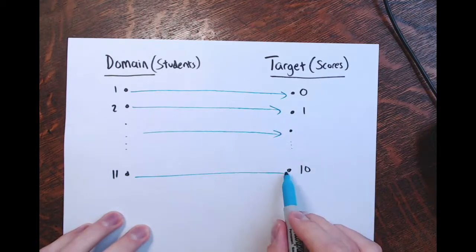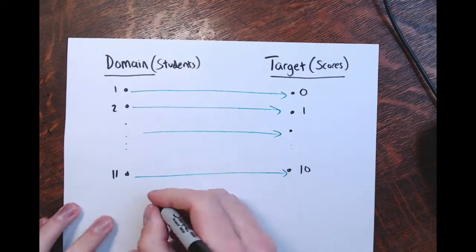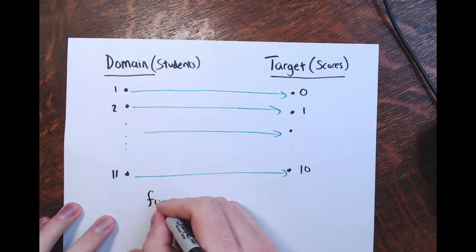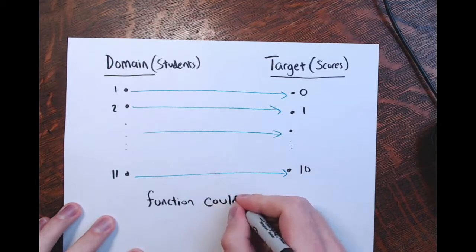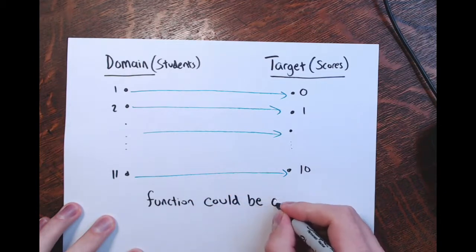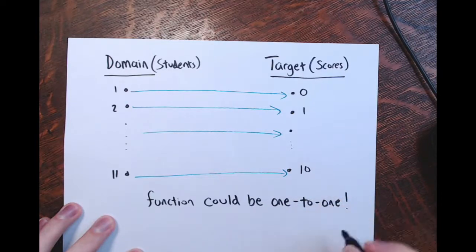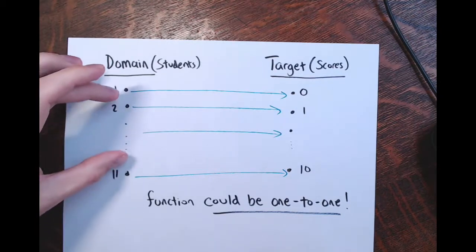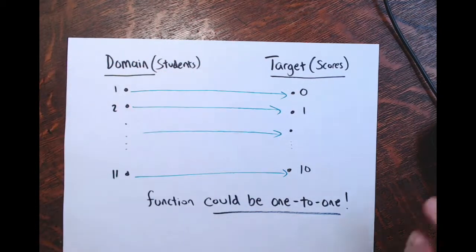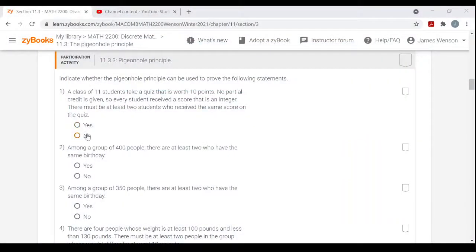I can assign each of these 11 to a different score. So the function could be 1-to-1. Doesn't have to be, but if it could be 1-to-1, then we're not guaranteed that 2 of these students had the same score. So this is a false statement. So I'm going to say no.